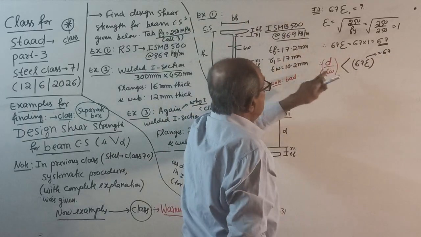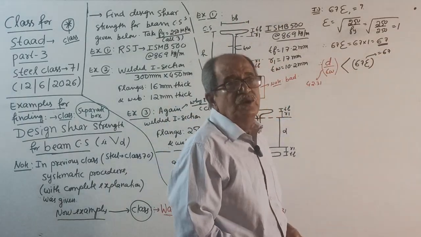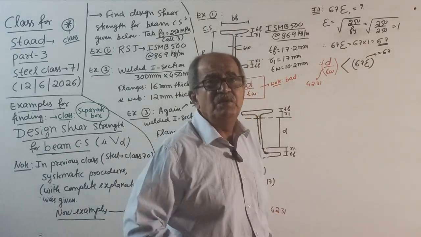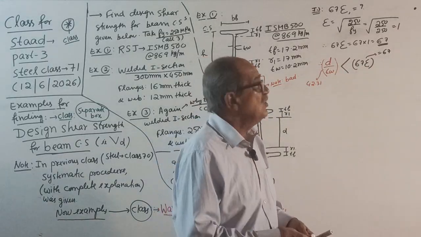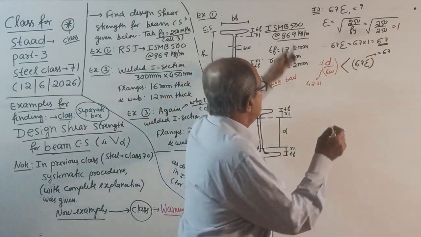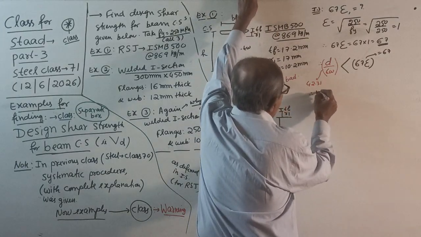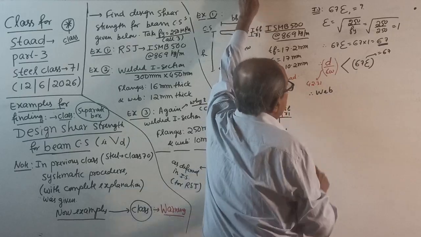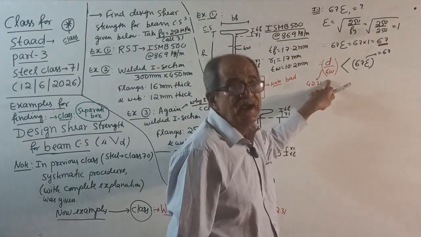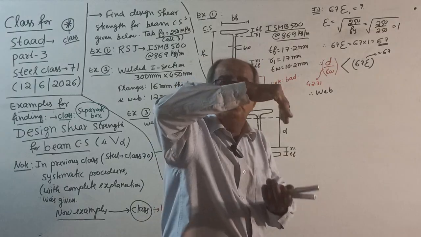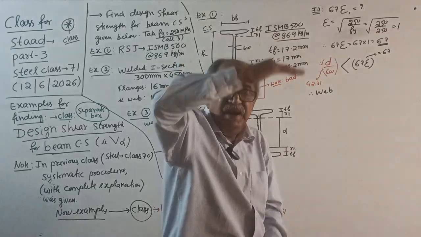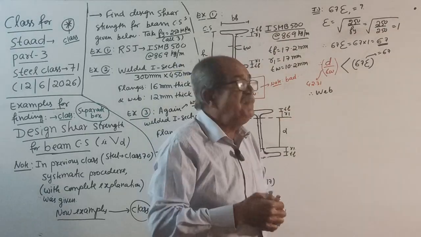Now, refer to the procedure given. If D by TW is less than 67 epsilon or even equal, no problem. If it is lesser, it means the web is not too deep, not too thin, medium. That shear buckling will not be there.